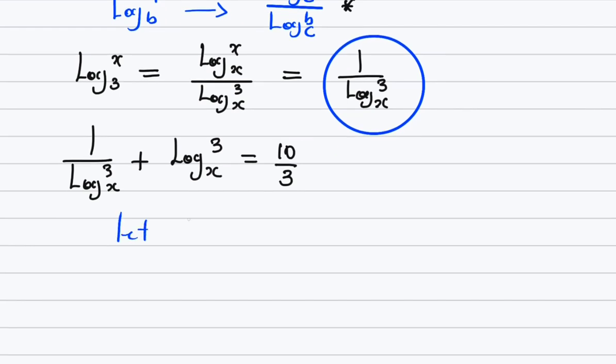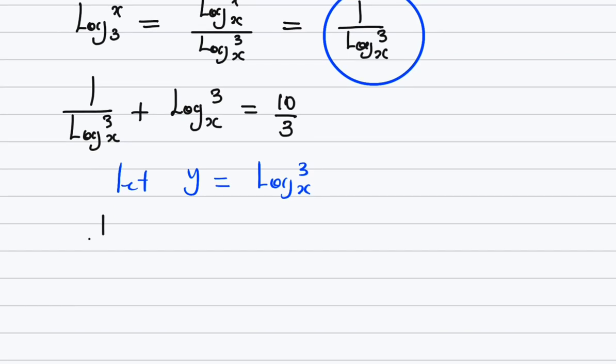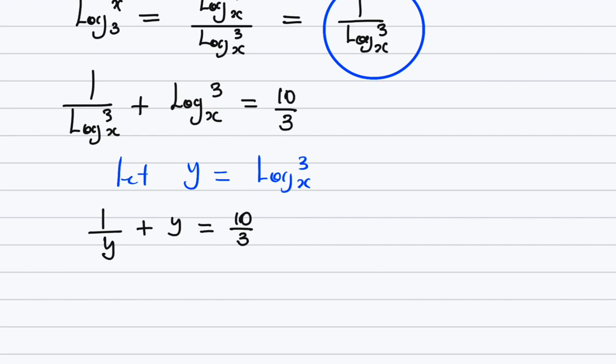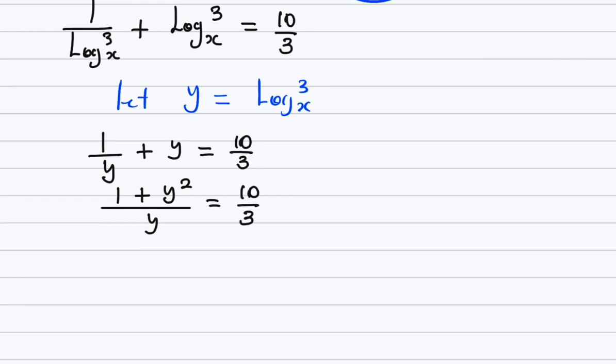Why not let y be equal to log of 3 base x. If I say so and substitute, this is going to be 1 over y plus y is equal to 10 over 3. Now, unifying with the LCM, which is y, this is going to be 1 plus y squared over y is equal to 10 over 3.